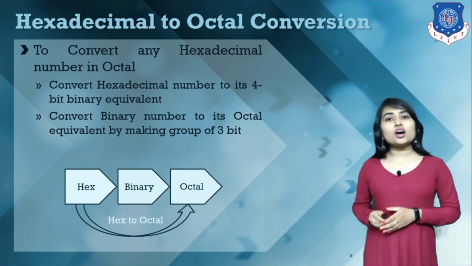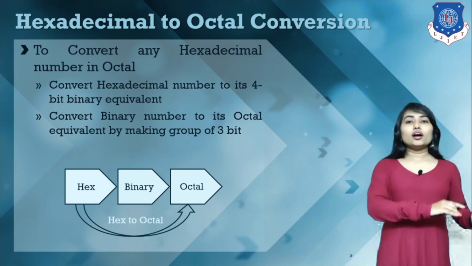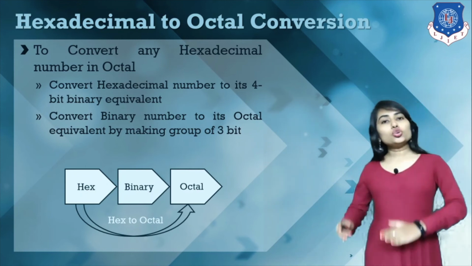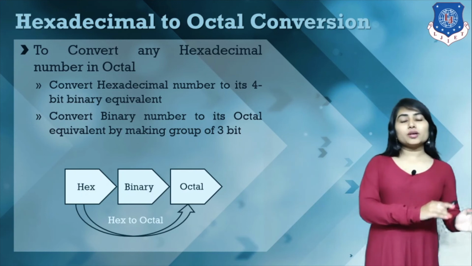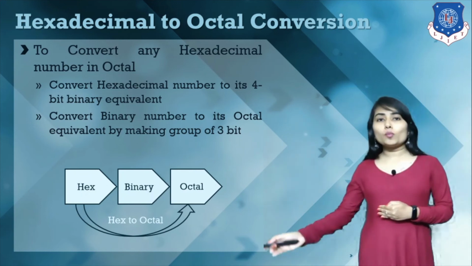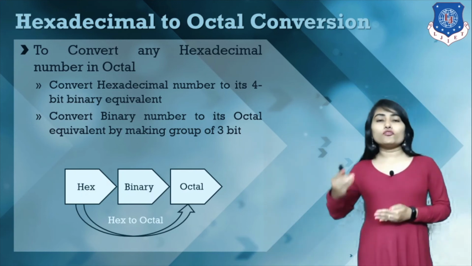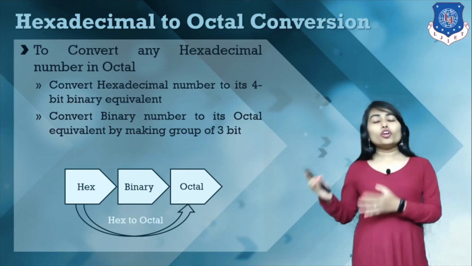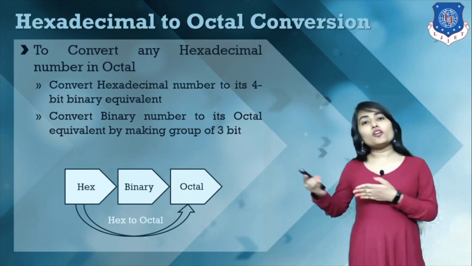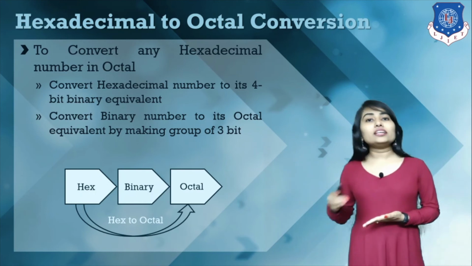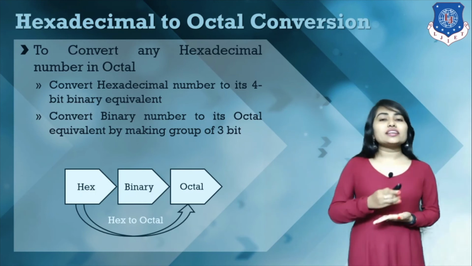So first take the hexadecimal number and convert it into binary by making groups of 4 bits, and then for this binary pattern make groups of 3 bits and write the octal digit for each and every 3 bits.